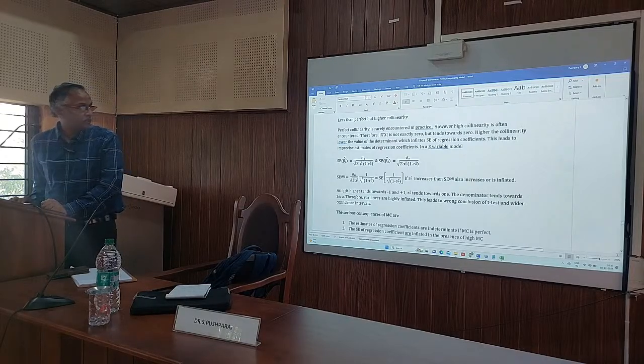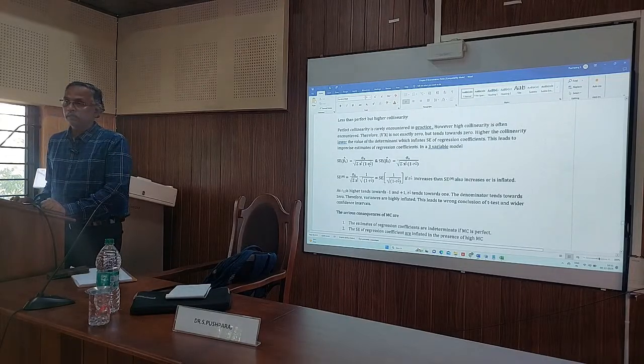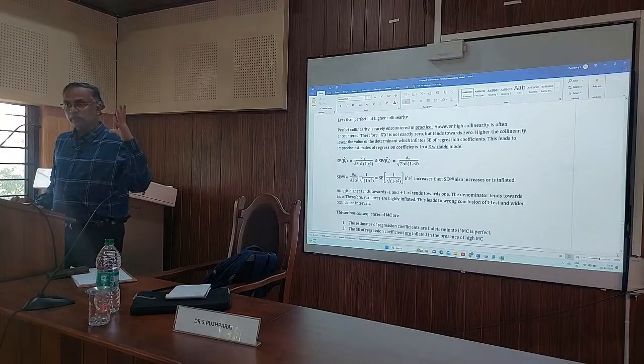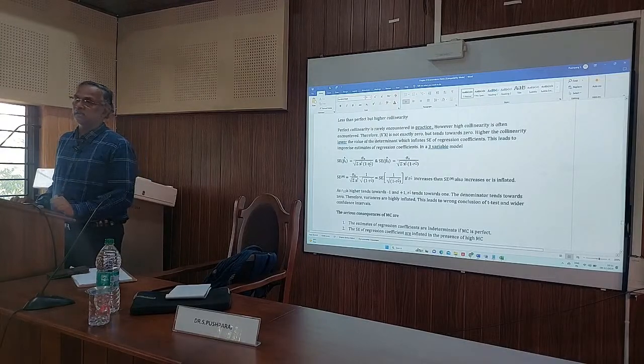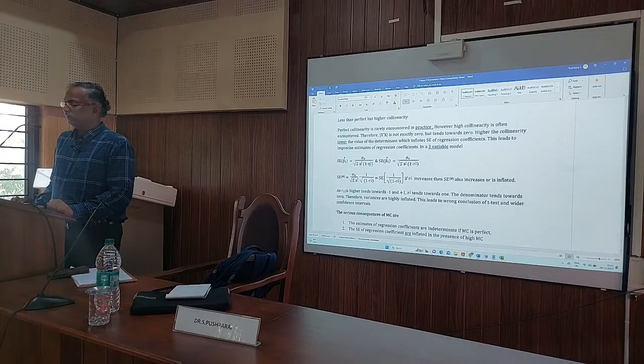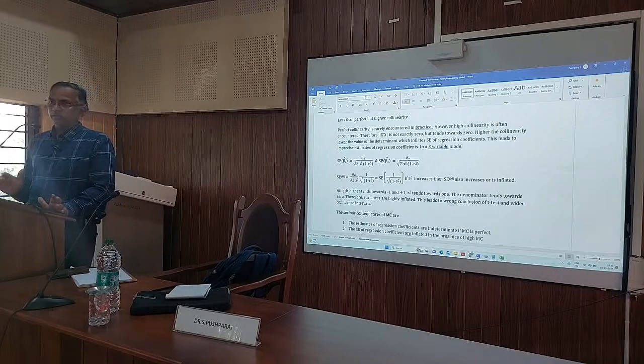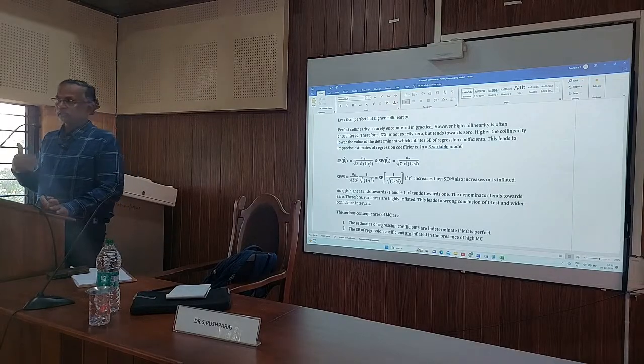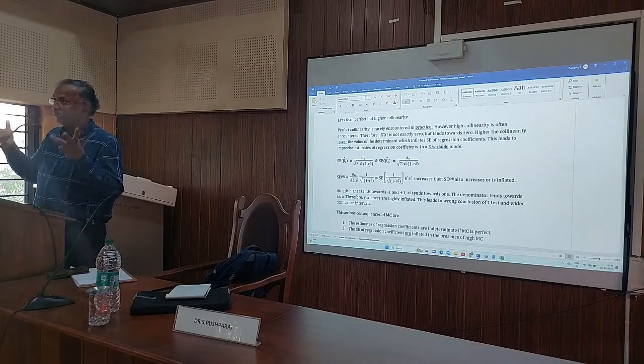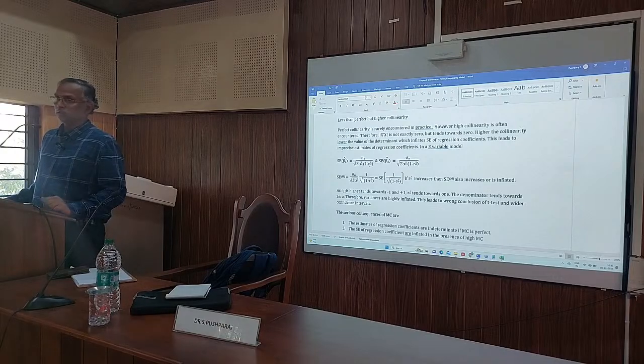This is the correlation. If it is high, it will be inflated. The standard error will be inflated for all the coefficients, magnified to the extent of multicollinearity.